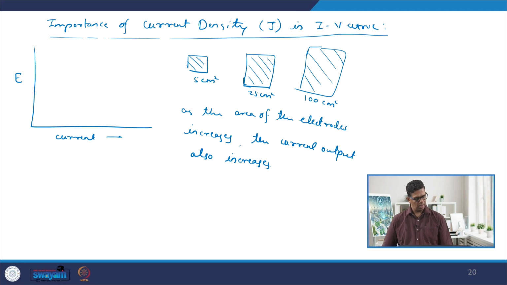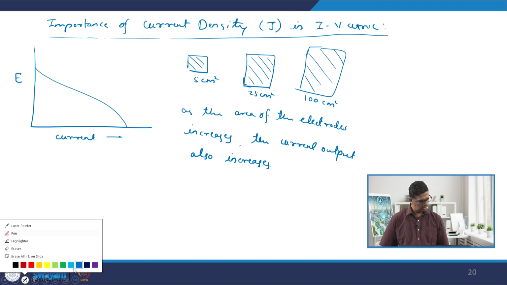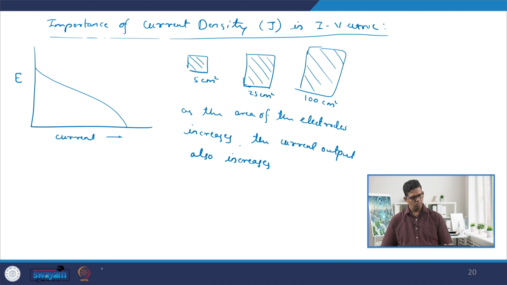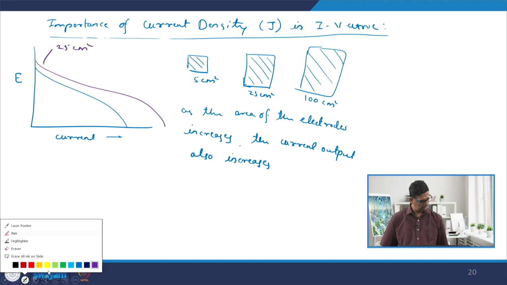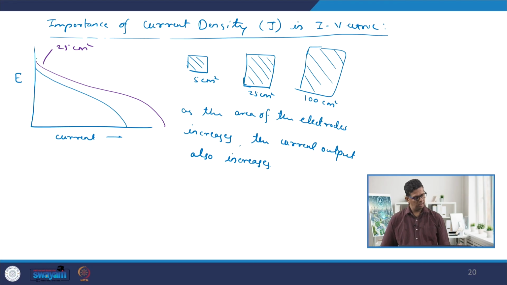So, it may have its curve something like this. This is my 5 centimeter square cell. I can draw for the 25 centimeter square like this, and for 100 centimeter square it will be even bigger.